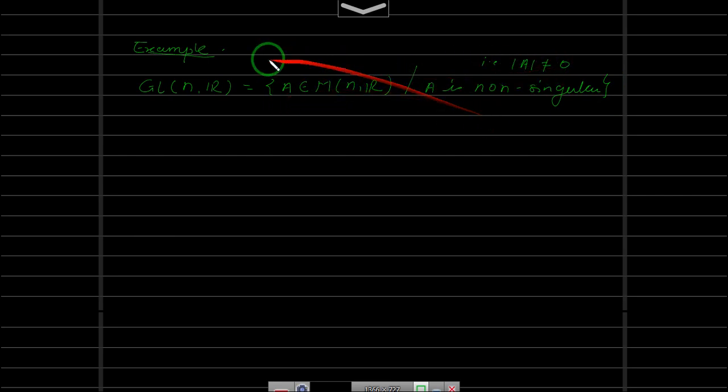Now we need to check. We already stated that GLnR is a subset of the space Mn. If you take all the n by n matrices, we have already given the transformation, the function. Say if you take a 2 by 2 matrix A, B, C, D, then you can define a function which will take this to A, B, first row, then second row, then third and so on.